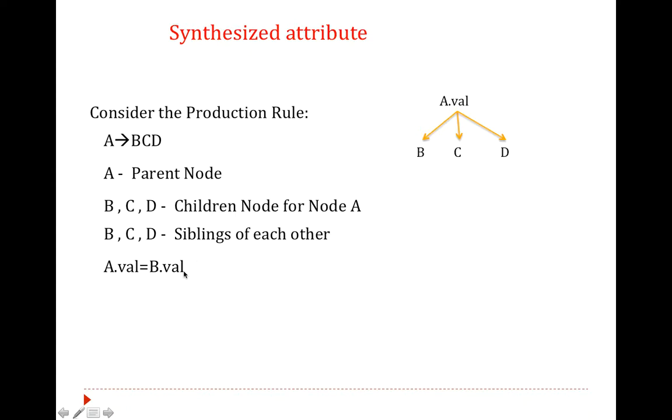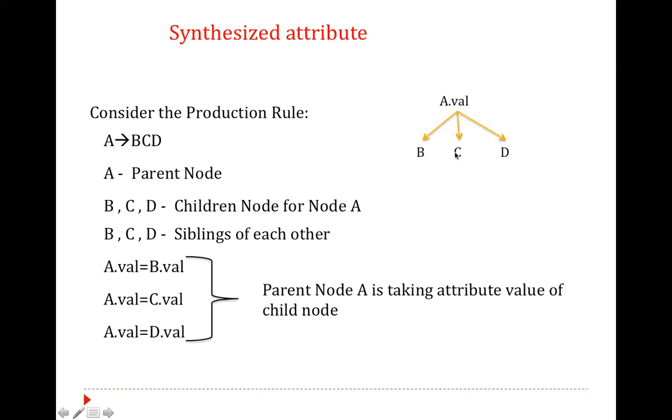Similarly, if it is said A.val equal to C.val, then the val of the non-terminal A is computed using the attribute val of the child node C. So val, which is the attribute of A, becomes the synthesized attribute.